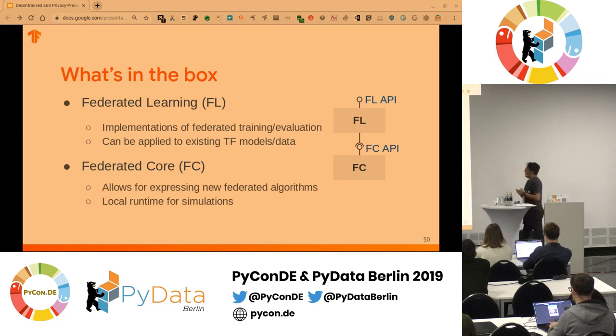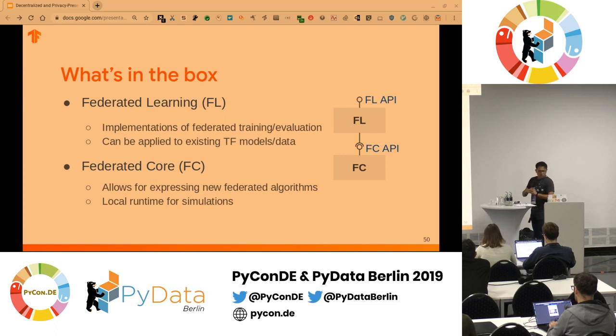So we get implementations of federated training and evaluation out of the box. And obviously, like I mentioned, any existing TensorFlow models or TensorFlow data can be used. You can basically federate an existing TensorFlow model or data and run FL on them using TFF.